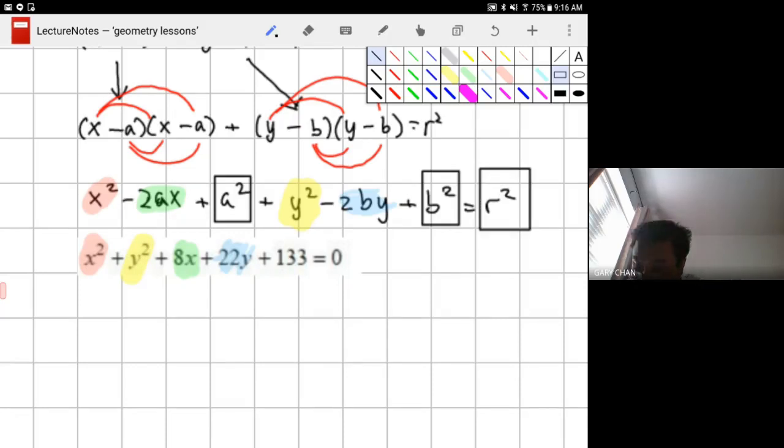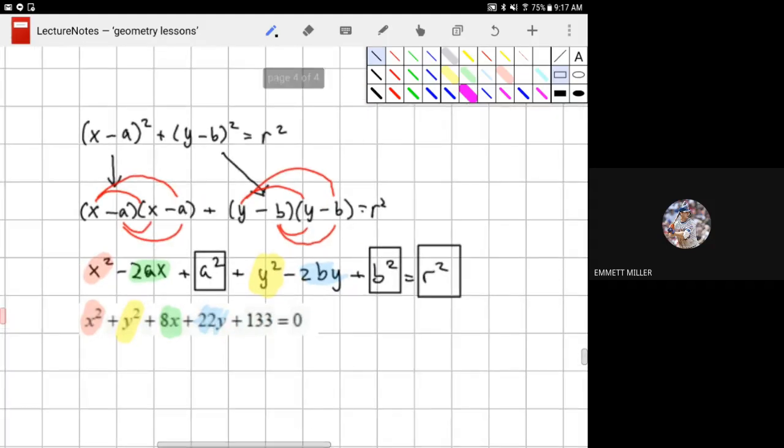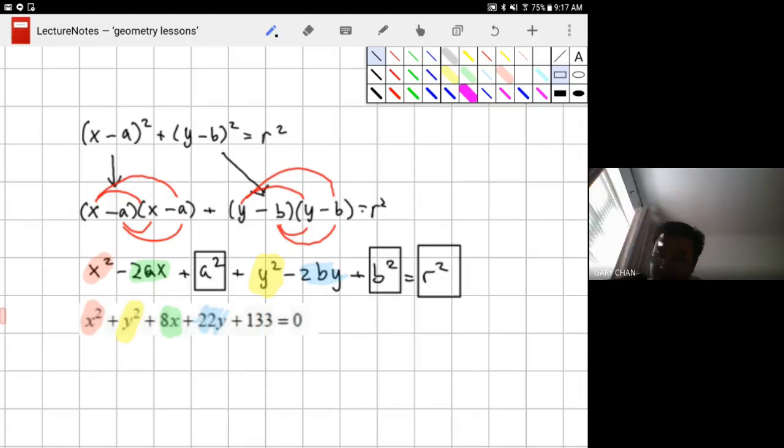Now, are those three things just going to be regular numbers, or numbers mixed in with a variable? Well, they don't need a variable. As long as we know what A and B are, you can add those up together. Emmett, what is meant by A here, and what is meant by B there?